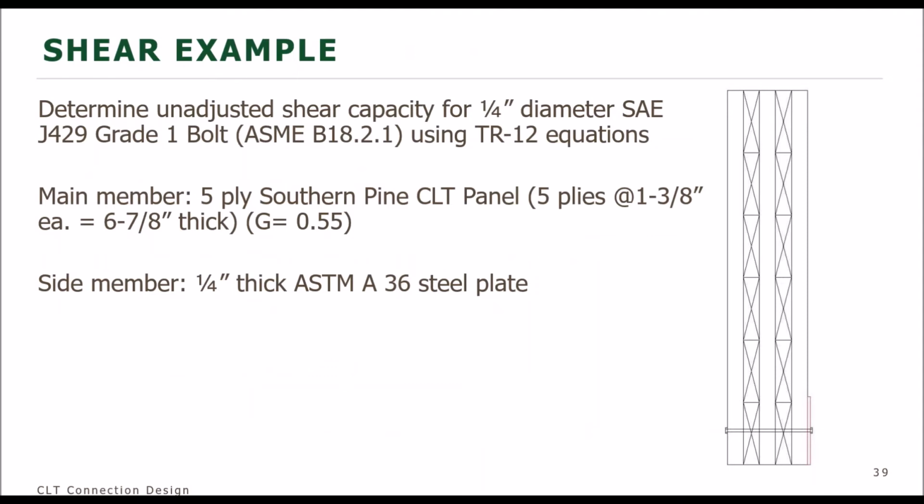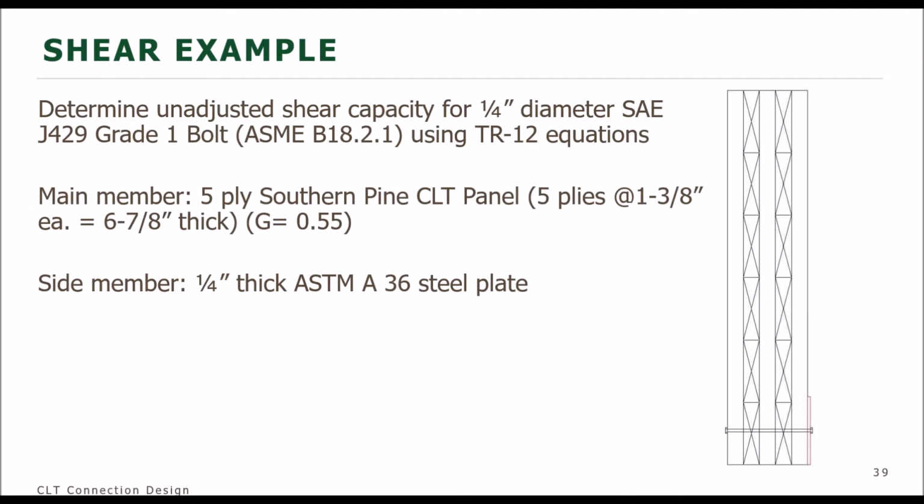As I mentioned before, for shear design, we do have some slight adjustments that we need to make from our typical yield equation method that we're used to. They're very minor.